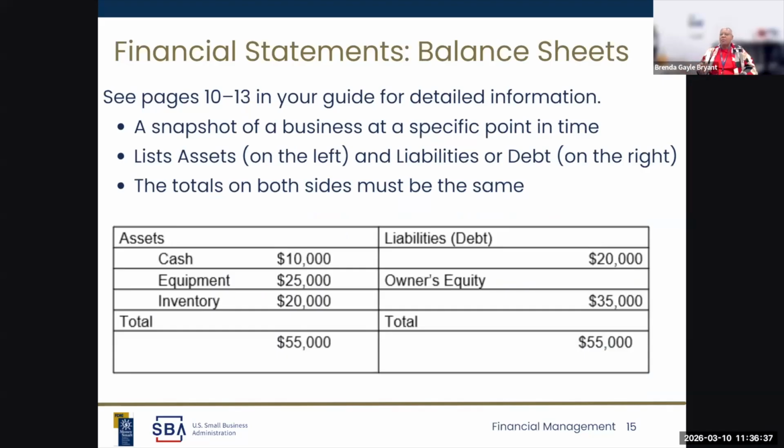Now, let's talk about what is actually in a balance sheet. A balance sheet has three things that it tracks at all times. It tracks your assets. That's the stuff that you own. Okay, so that says, this is my business and these are the things that I own.